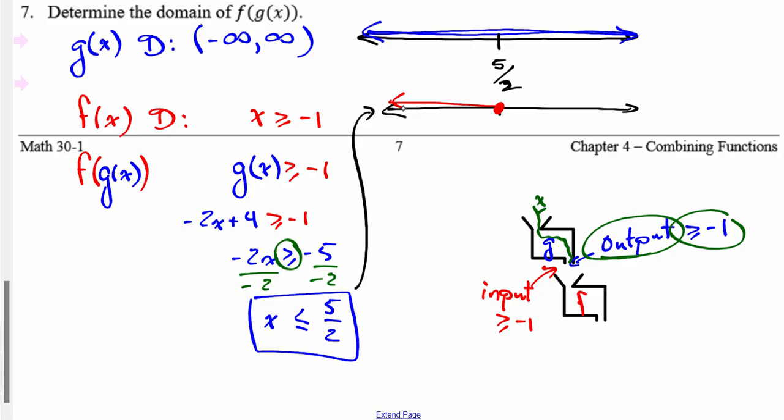The domain for the composition of functions is the combination or the overlap of these two domains. Where are both of them true? And since for the g of x function we could have any real number, our final answer is going to be our domain for this composition of two functions is that x has to be less than or equal to 5/2.